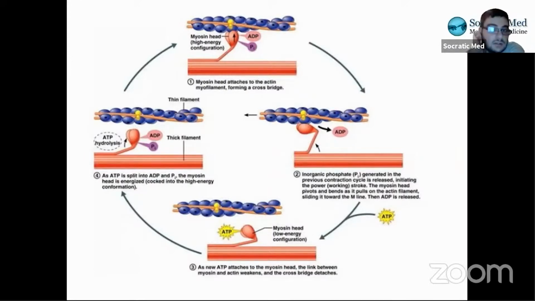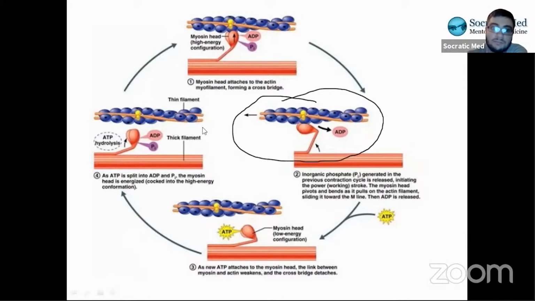So you need ATP to bind to myosin in order to relax it as well, right? You need to let it unbind the myosin head. If there's no ATP, you would forever be stuck in this position, right? And that would cause the rigidity. Yeah, that's what rigor mortis is.